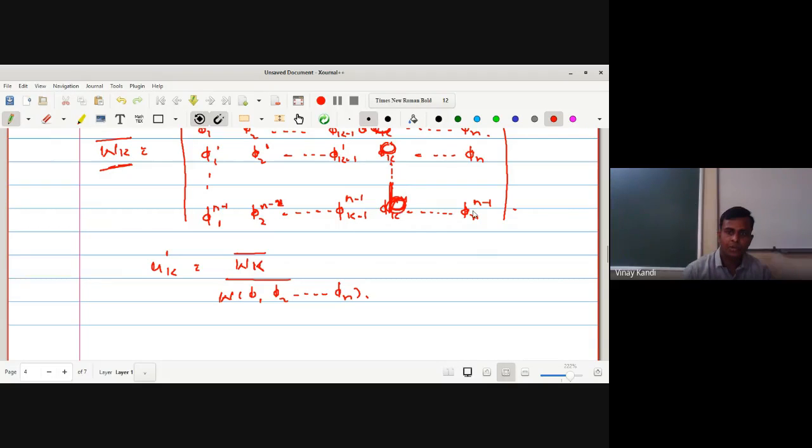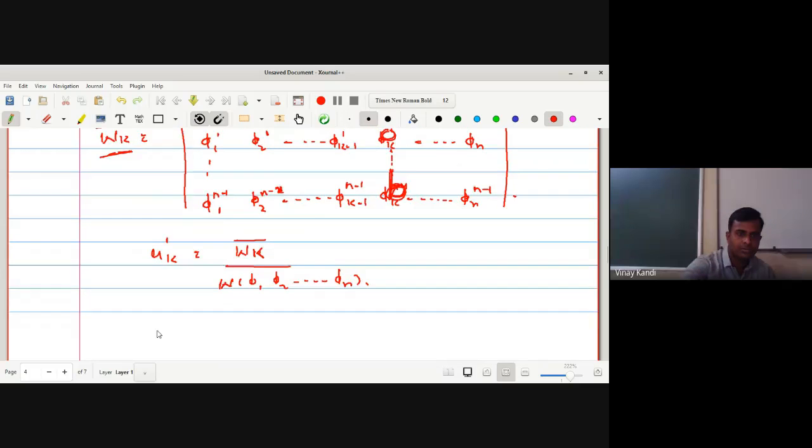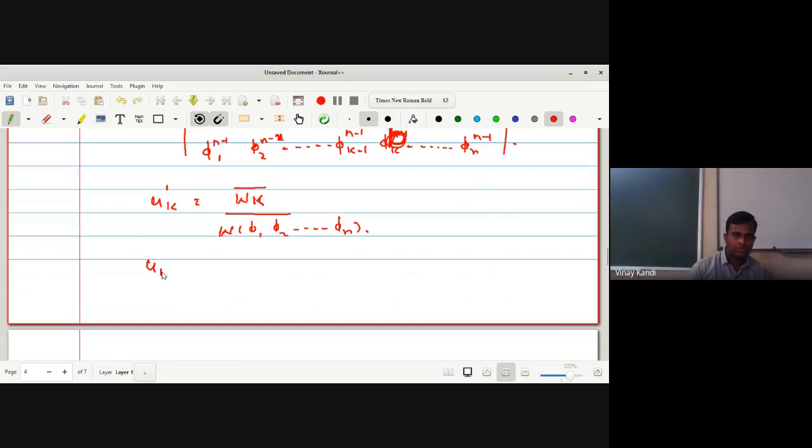But taking b common here, त्यातनं b काढल्यानंतर काय होईल कॉमन, b जर आपण कॉमन काढलं here we get uk dash is equal to b of x into wk upon rho skein of phi 1 phi 2 up to so on phi n.